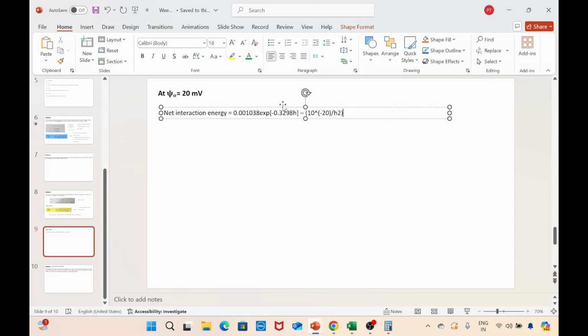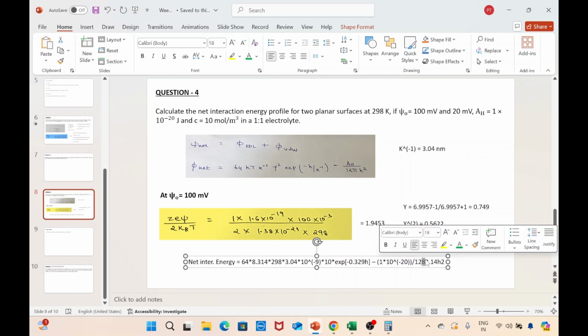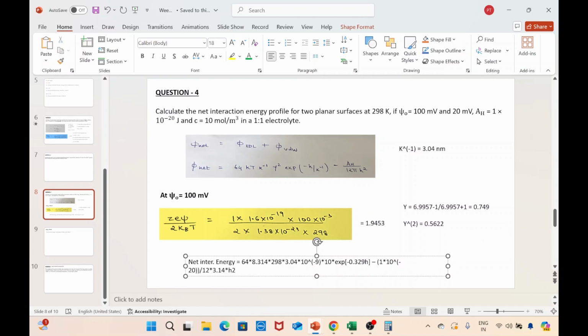Oh, this is A by 12 pi h square. So you will have 12 times 3.14 times h, where h is in nanometers.